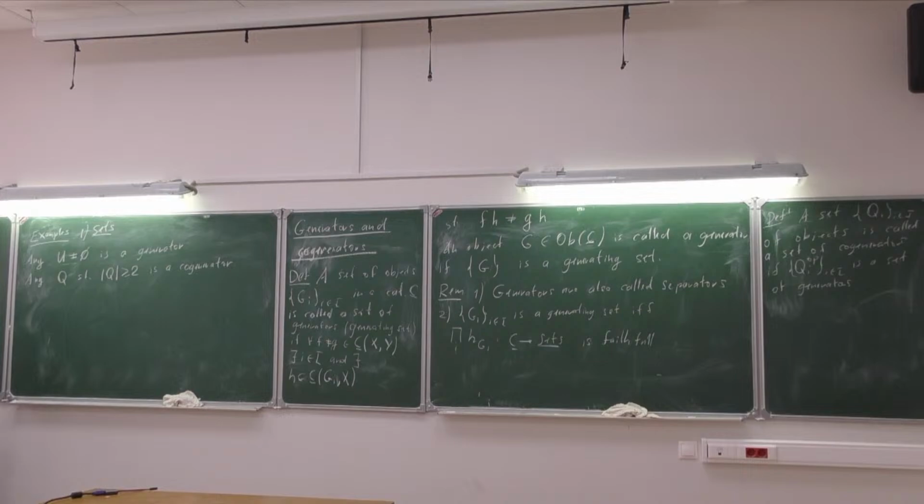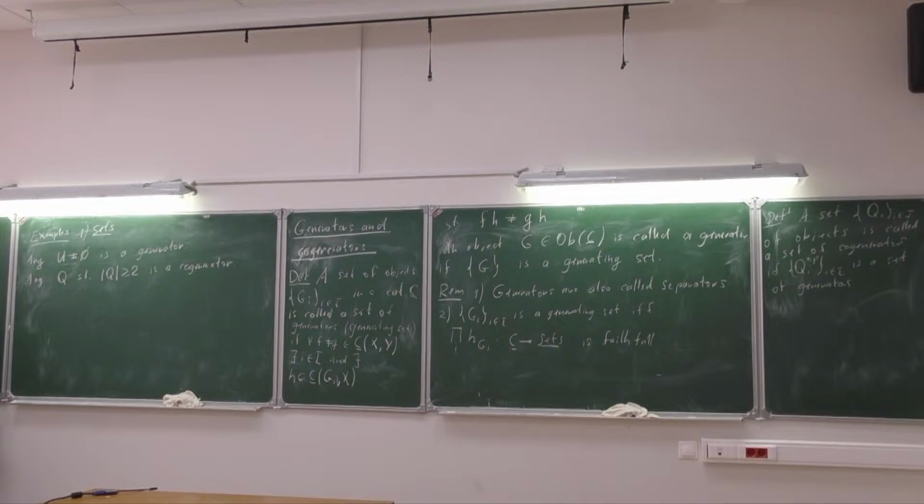Do you have a reason why you need at least two points? Because you want to put different points with different values. Yeah, that's true. But that's the reason why the set with one point doesn't work, right? But what if you have two points in Q? Why does this work?